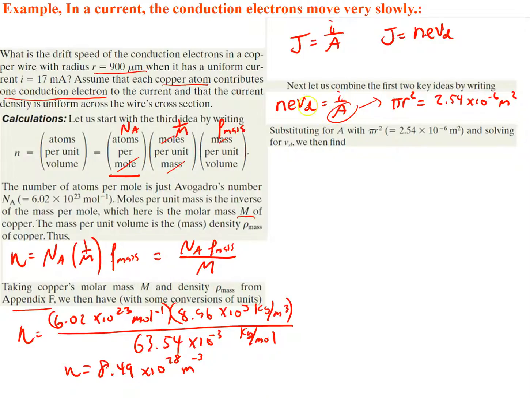Now I'm just going to take this equation and rearrange it and solve for our drift velocity. So that's going to be I divided by A n e.